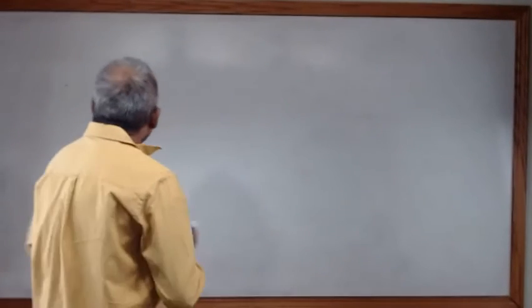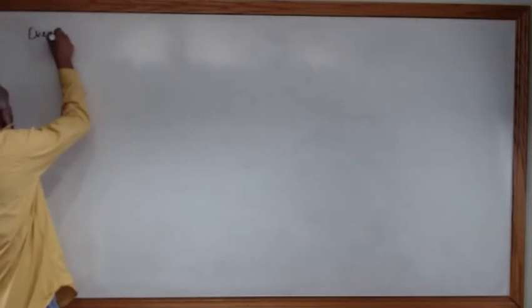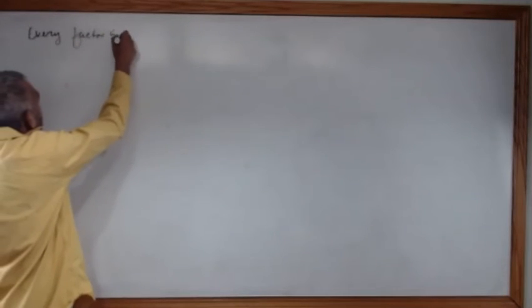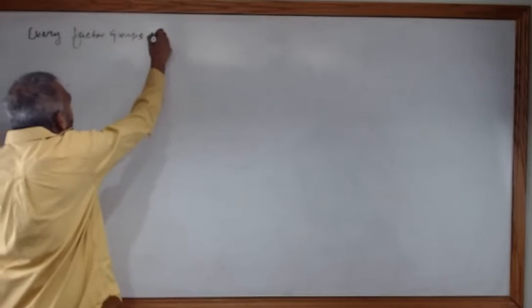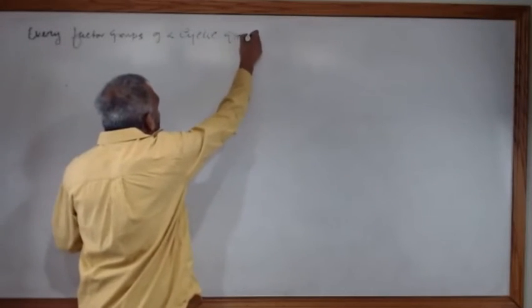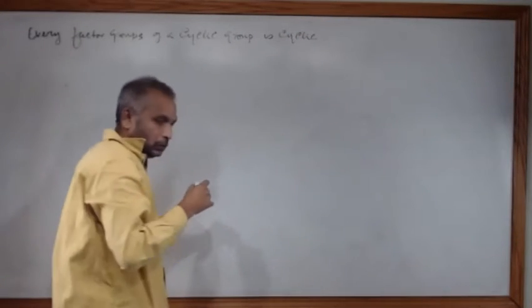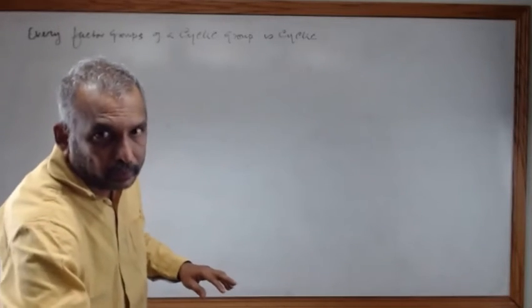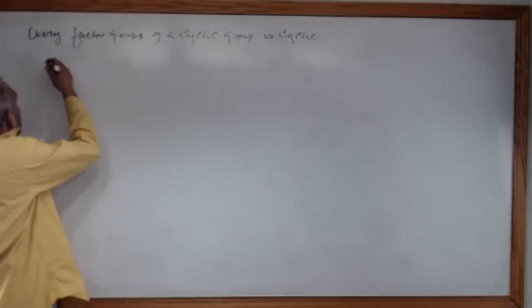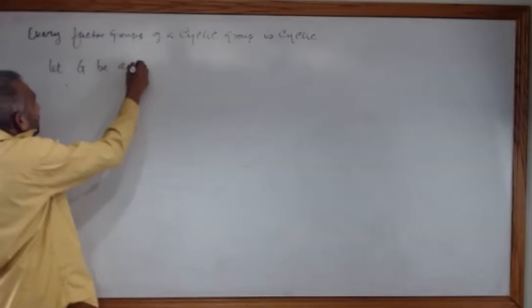Our next problem is: every factor group of a cyclic group is cyclic. So let G be a cyclic group.